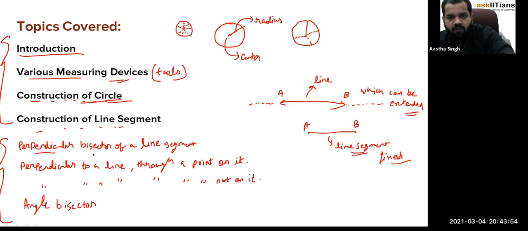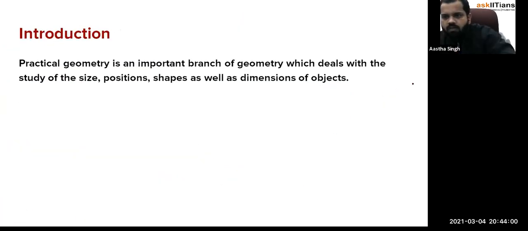Next is the perpendicular bisector. What does the perpendicular bisector of a line segment mean? Let us first study the introduction. Practical geometry is an important branch of geometry which deals with the study of size, position, shape, as well as dimension of objects.